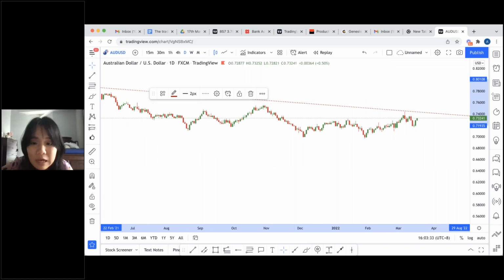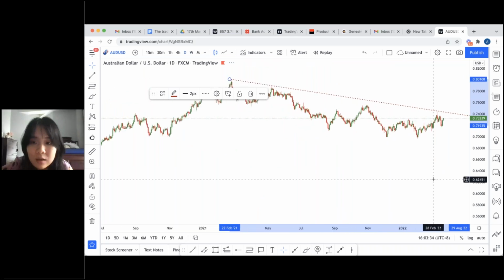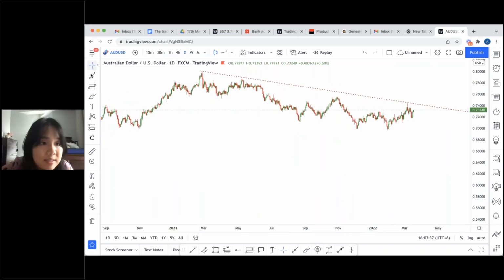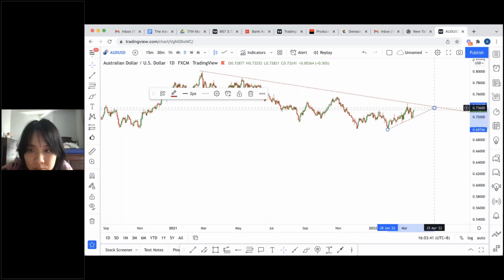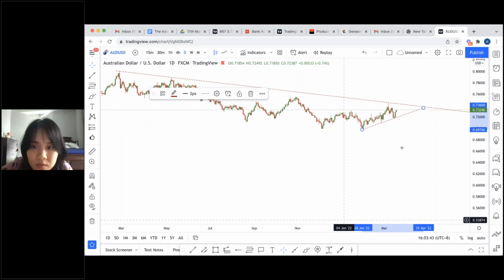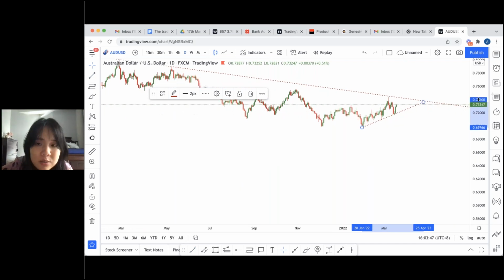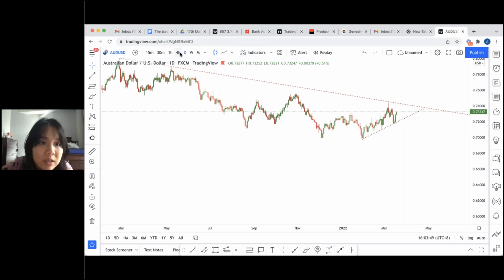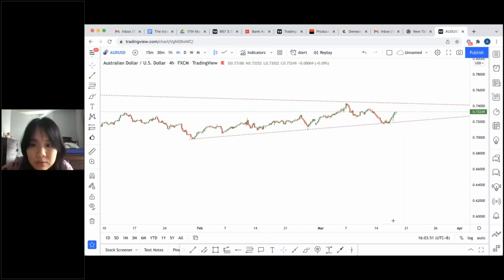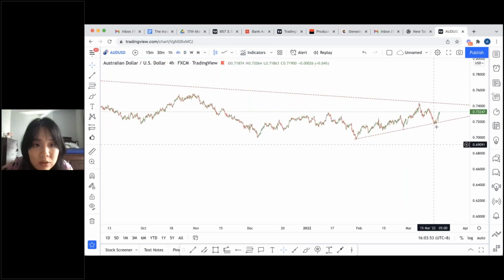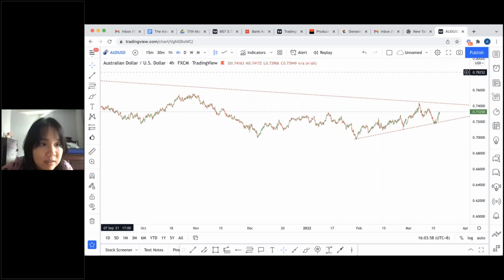Going down to the daily, we can see there's buying pressure here. The ascending trend line and the descending trend line are what I'll be looking out for when I move into the smaller time frame. Right now I believe we are close to a resistance level if I'm looking at 4 hourly.